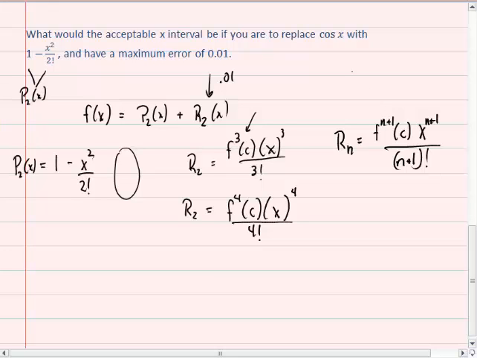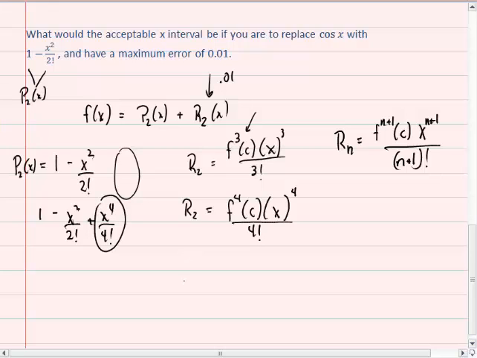Since it doesn't exist, or the value is 0, you have to go to the next derivative. So you want to use the next available polynomial term. If you remember, cosine basically goes x squared over 2 factorial plus x to the fourth over 4 factorial. So we're heading out to the next term, which is the fourth.